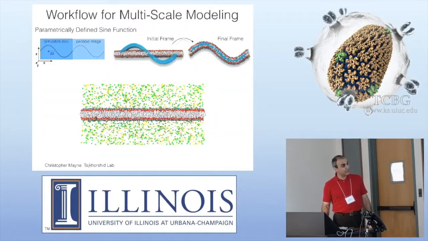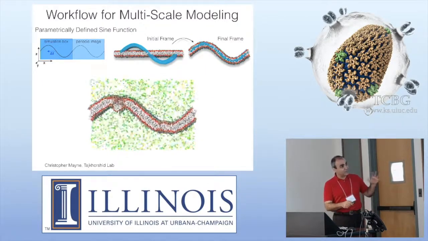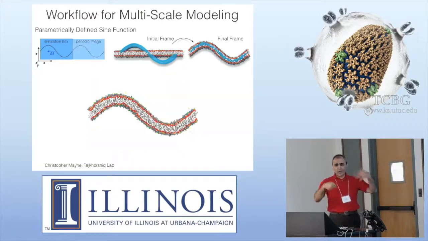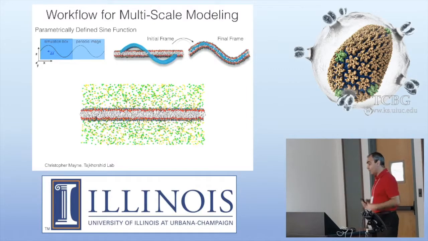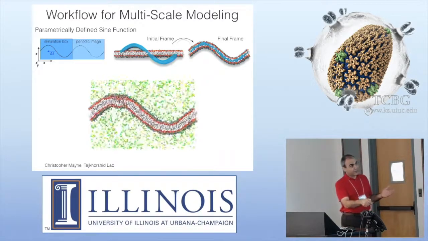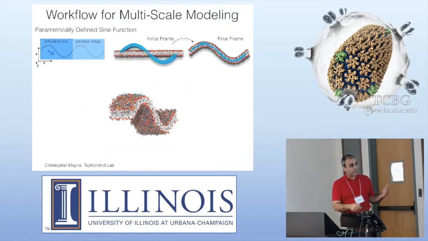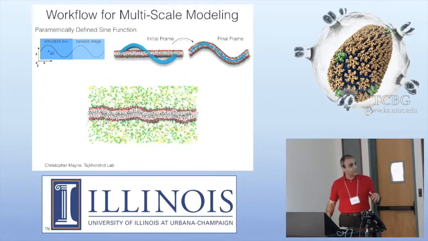So these are some examples in which we are inducing, again using this multi-scale, non-equilibrium approach, additional constraints or steering the system toward a particular direction. We are inducing a shape transformation. This is a simple case, a sine or cosine wave you can induce.